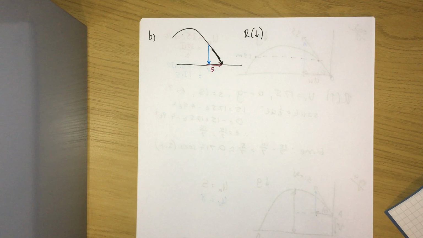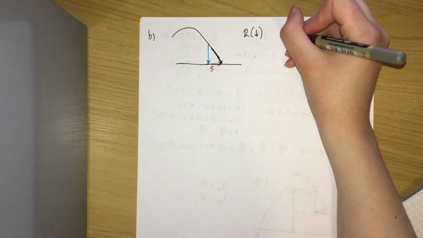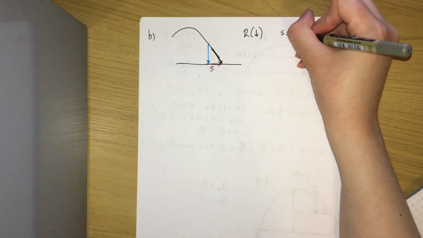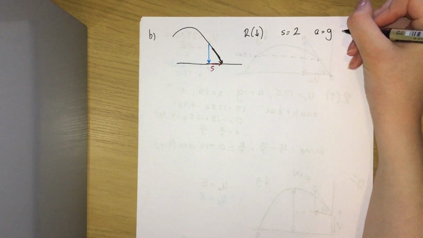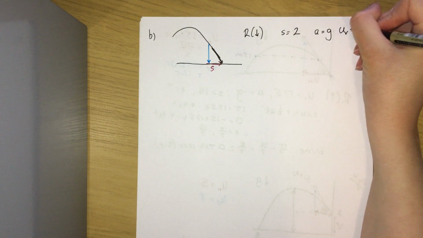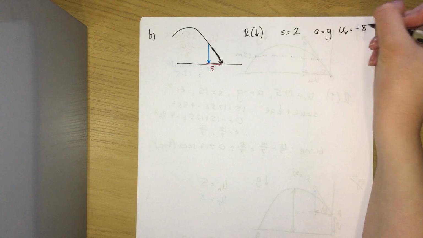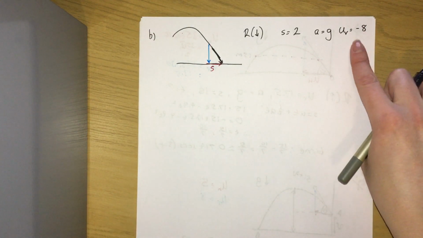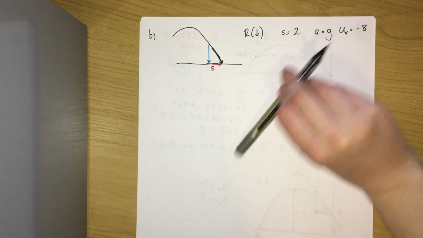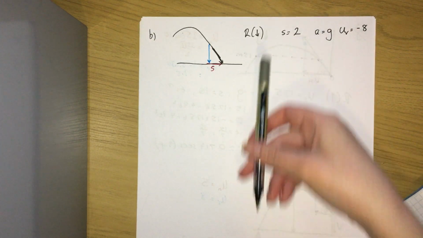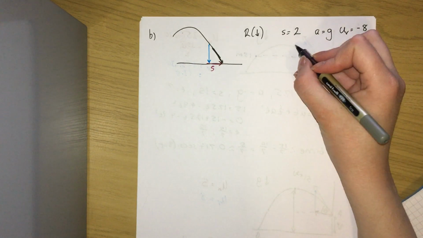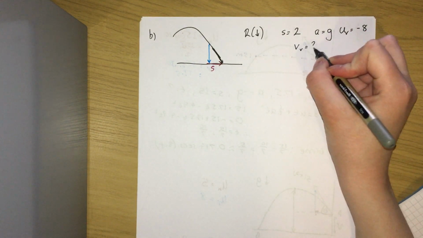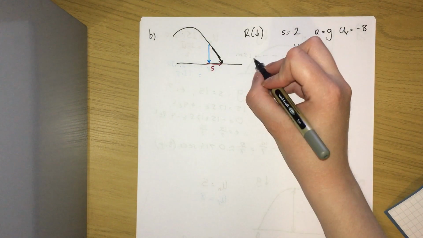I could use from the greatest height, but I'm going to think of the journey as a whole, because I know that the overall displacement is 2 metres. I know acceleration is g. I know that the initial velocity is -8. This is where I need to be careful, because the velocity was going upwards, but I've defined downwards as being positive, so you have to be careful. And I want the final vertical velocity.